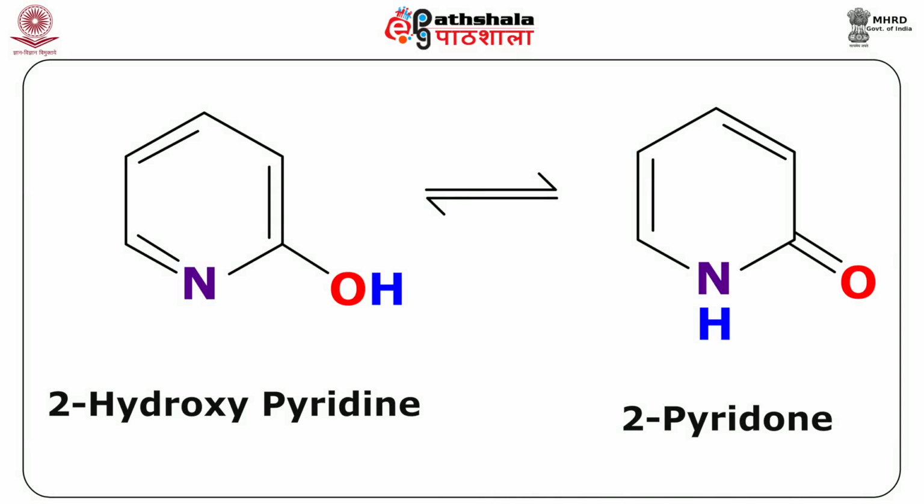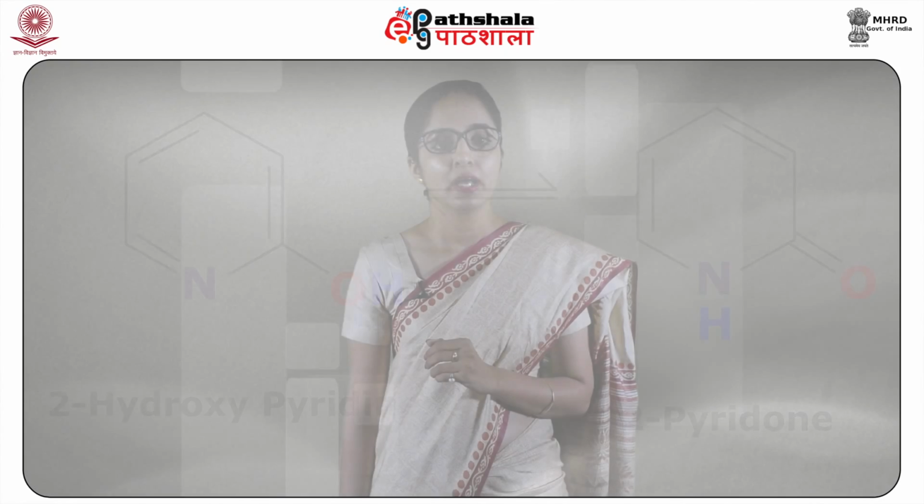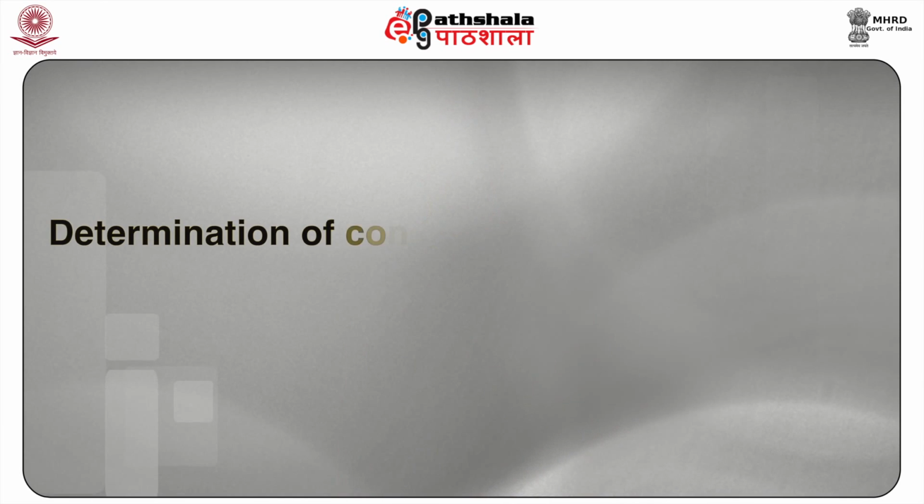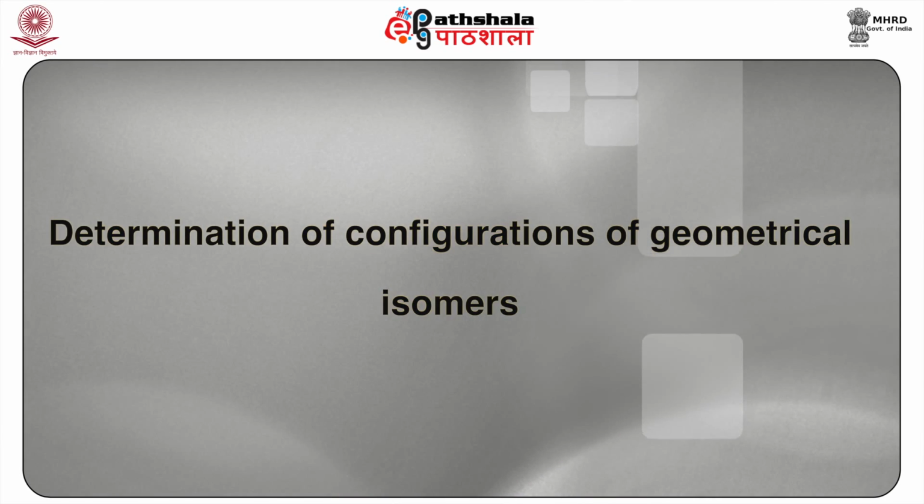Taking an example, in the tautomeric forms of 2-hydroxypyridine and 2-pyridone, the latter is preferred because it is an alpha beta unsaturated ketone, and clearly the equilibrium shifts towards the right hand side, as shown in the figure. As you can see, the preference is more towards the 2-pyridone structure because it is an alpha beta unsaturated carbonyl compound.